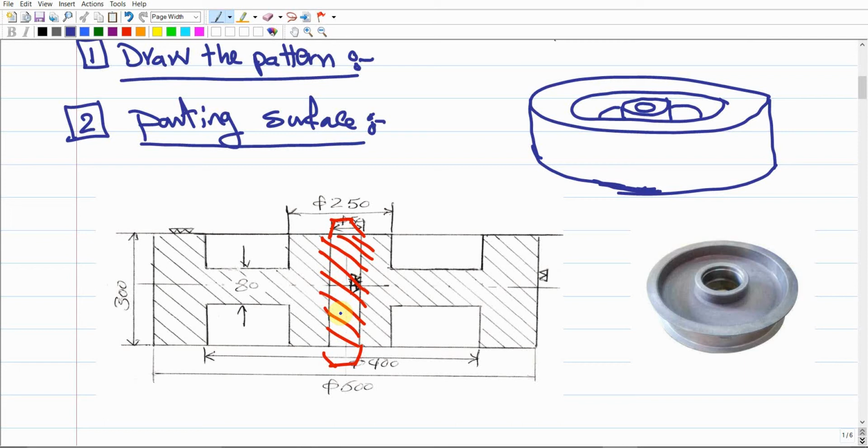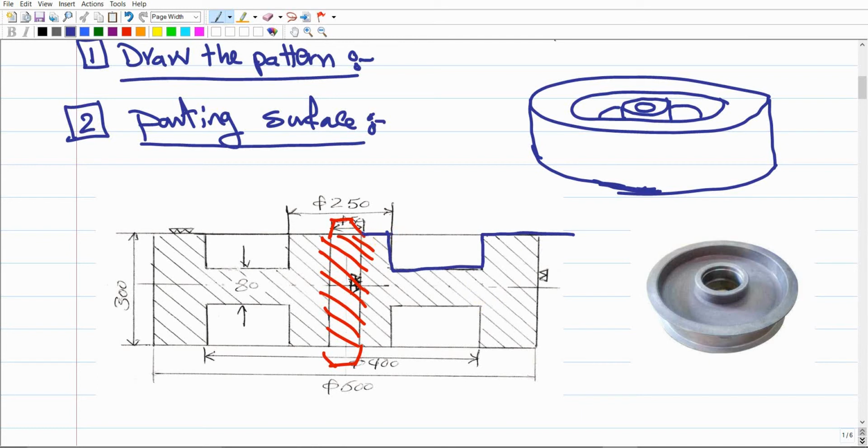This is one thing. And another thing, it should be a flat surface. The key idea is that when we try to remove the pattern from the sand, it shouldn't break any sand while we are removing the pattern from the sand during the molding process. If we look at this product or even the pattern, you're gonna see that we do have a few surfaces that could be considered flat surfaces. We do have one surface, which is this one, all of this surface.